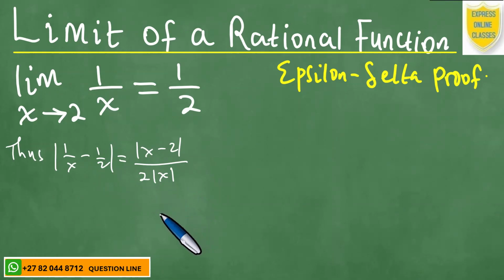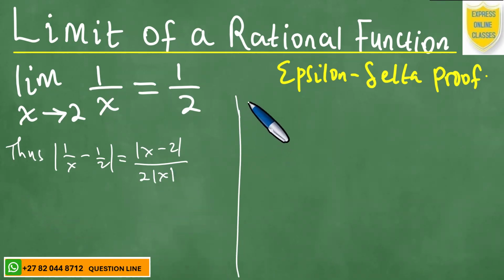But we obviously desire to say this is less than epsilon. However, we have the absolute value of x in the denominator, which we must deal with. And so we need to add a particular series of steps to cater for this.